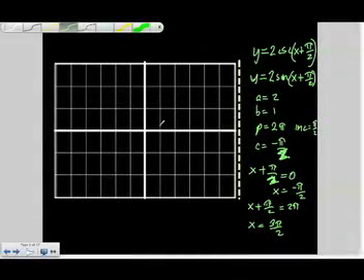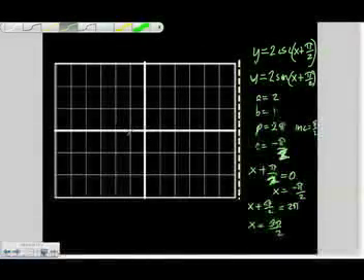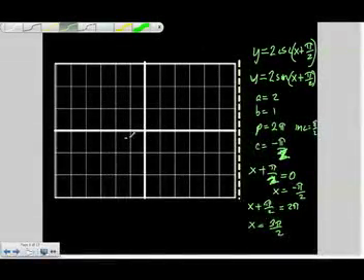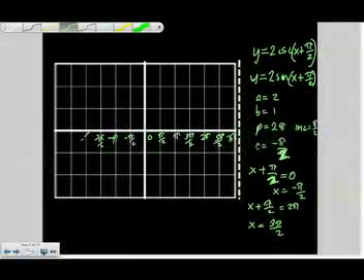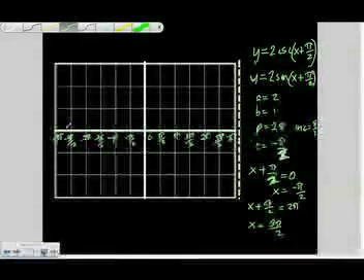So I'm going to go and graph my original function, labeling my axes. I'm going to go ahead and label all the pi's over 2 because I think it'll help me to keep things consistent. All right.